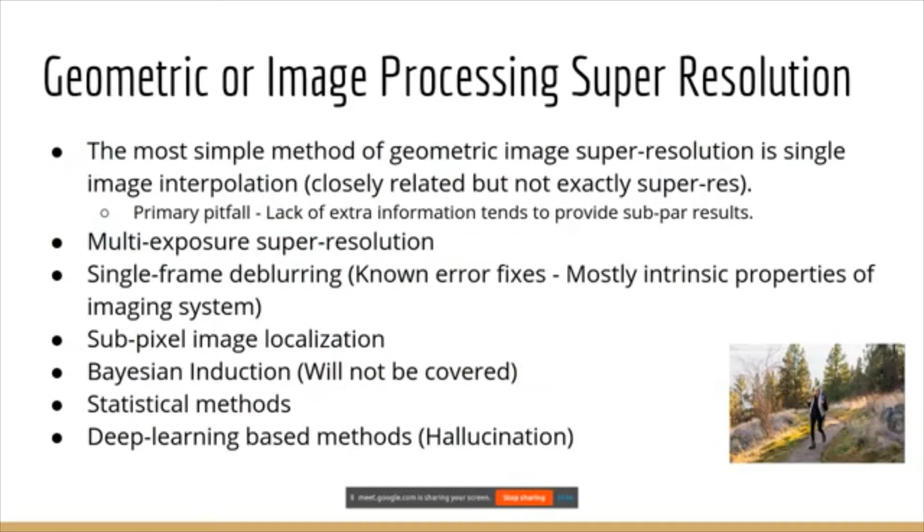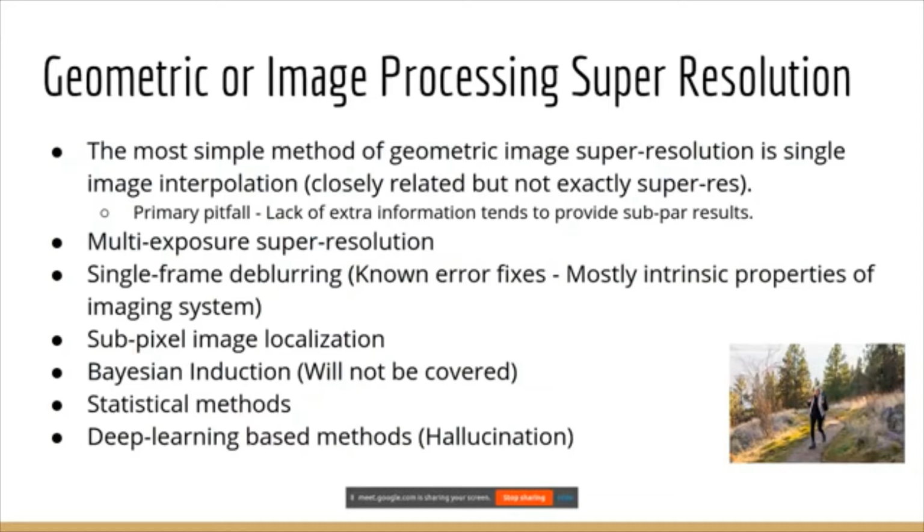This is more of a method that was used to get a better quality image rather than a higher resolution image. That was the primary focus of multi-exposure super resolution. And then comes single frame deblurring. This can be explained by any image where you know a spherical aberration to be present from the lens of the camera, most likely.